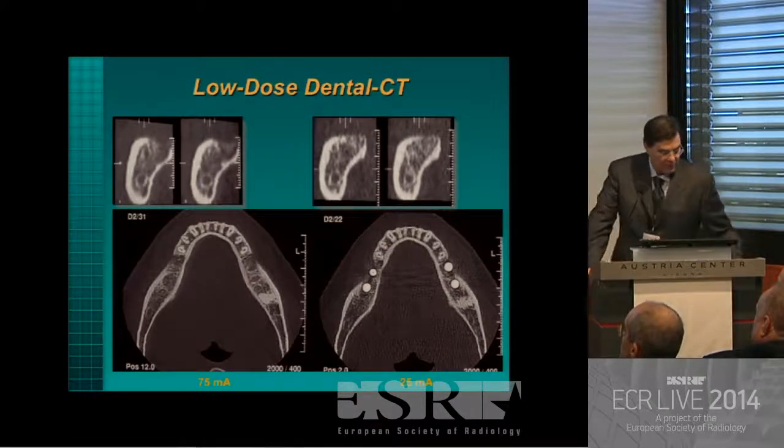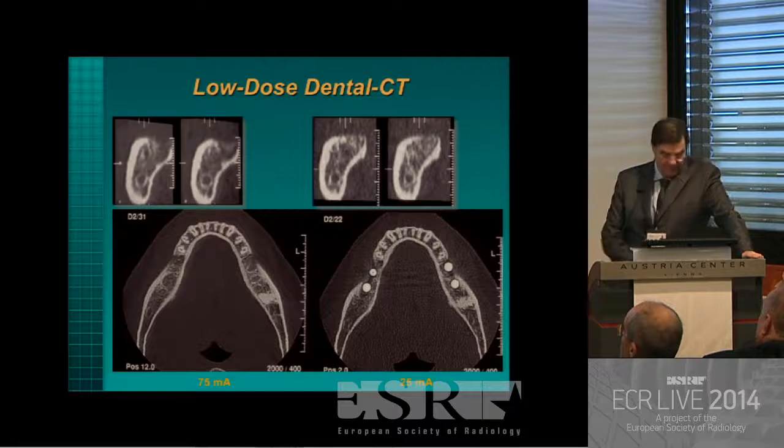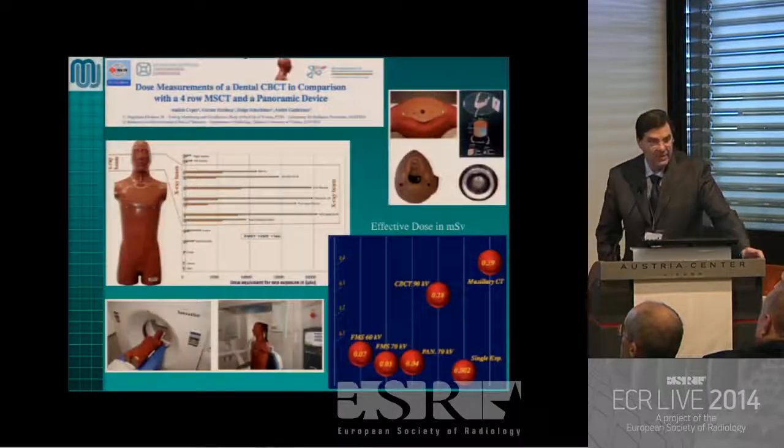If you look at the image quality of low dose dental CT, you see that the quantum noise gets a little bit stronger. But even though this is only 1/3 of the dose of this investigation, you see that the image is quite clearly depictable and can be evaluated.